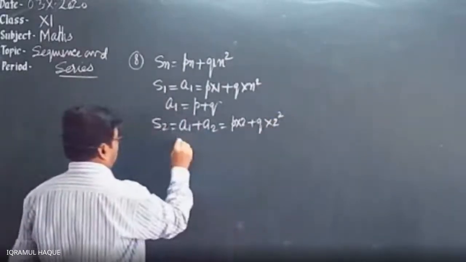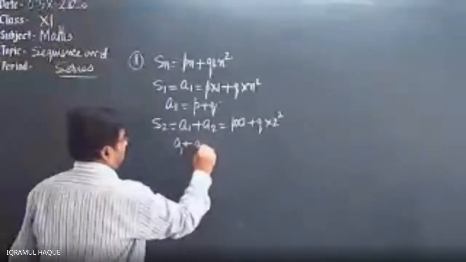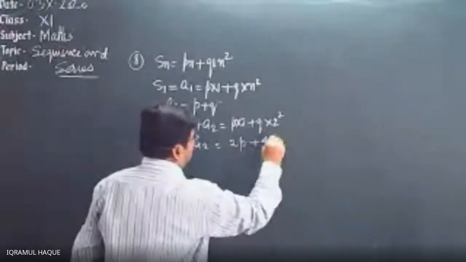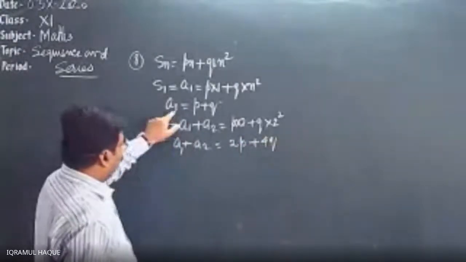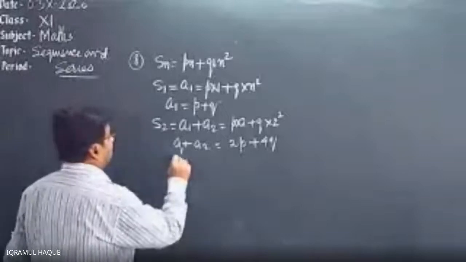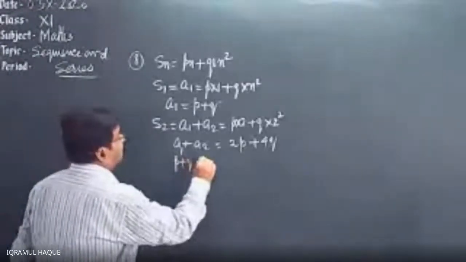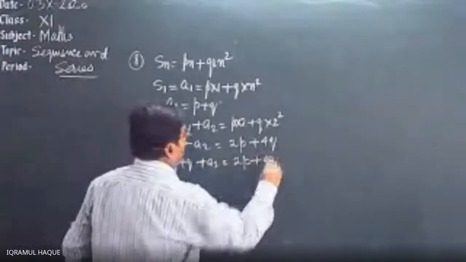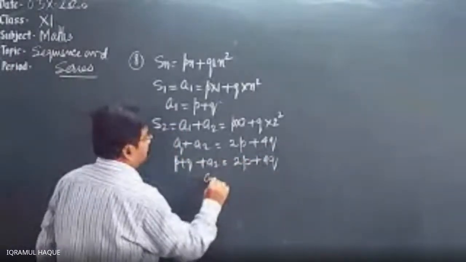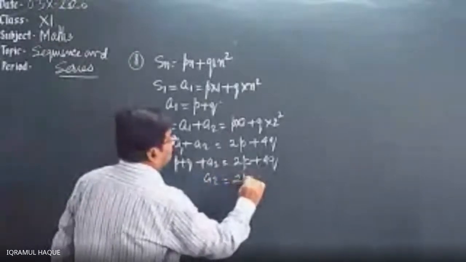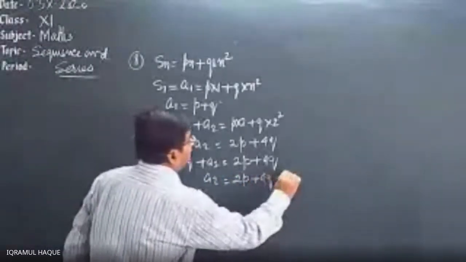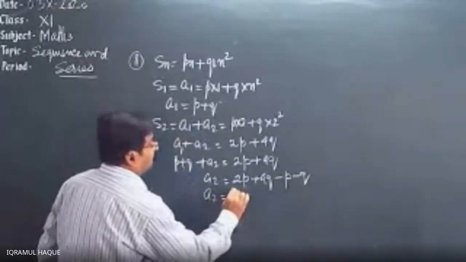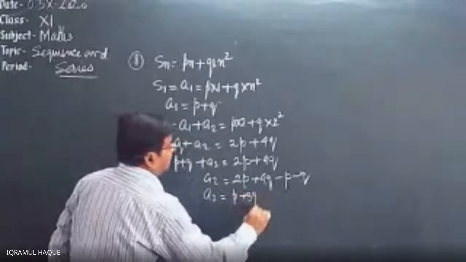So we have A1 plus A2 is equal to 2P plus 4Q. Write the value of A1 here. So we have P plus Q plus A2 is equal to 2P plus 4Q. Send this to the other side. A2 is equal to 2P plus 4Q minus P minus Q. So we have got A2 is equal to P plus 3Q.